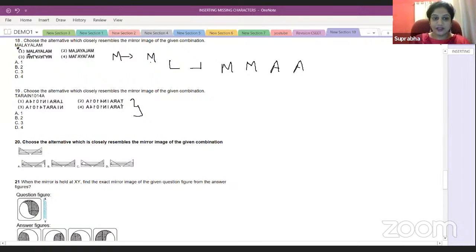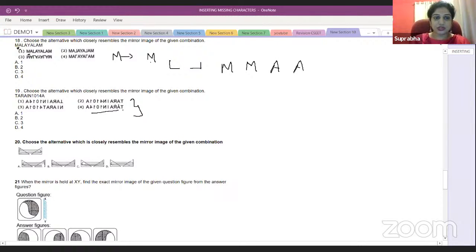Pattern is correct, and everything is correct. So T-R-A, correct, right? T-A-R-I-N, terrain is correct. Then in number, instead of 1, they have put 4. So it should be 1, 0, 1, 4A, correct? So this is the one which will give you the correct answer.